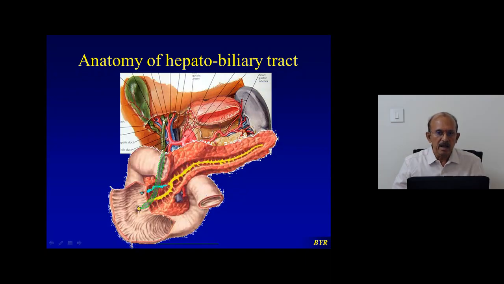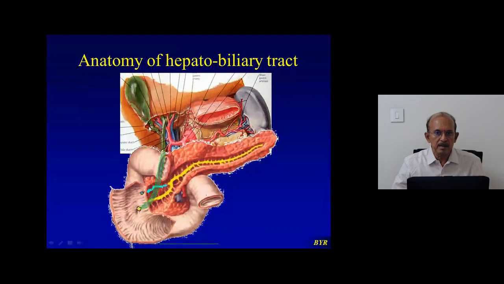So this is the duct structure. This is the hepatic artery. Hepatic artery comes from the aorta. You can see the aorta here. It comes straight like that horizontally, then turns upwards. It turns upwards and then divides into two branches near the porta hepatis.